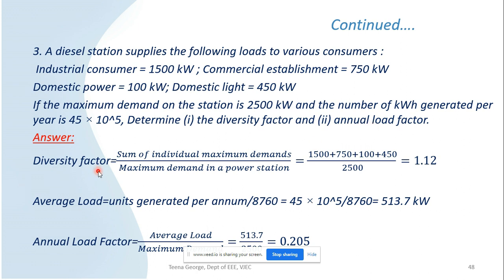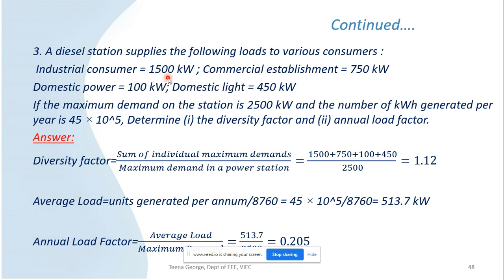We are asked to find the diversity factor. The equation is the sum of individual maximum demands divided by the maximum demand of the station. Sum of individual maximum demand of each consumer.